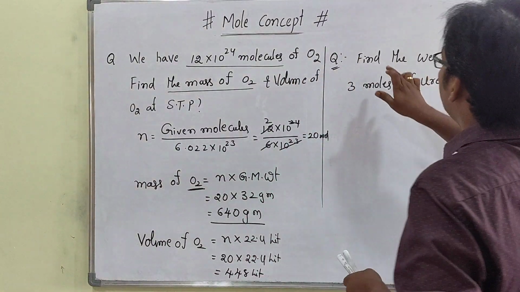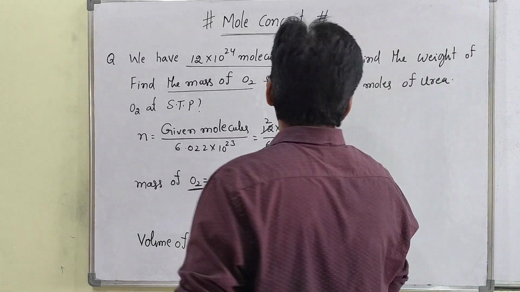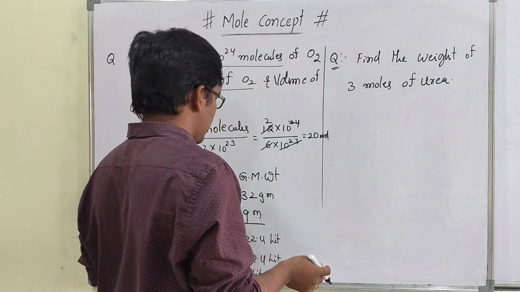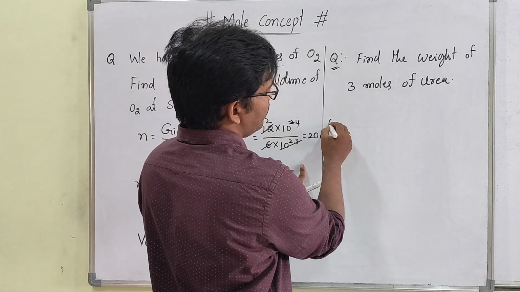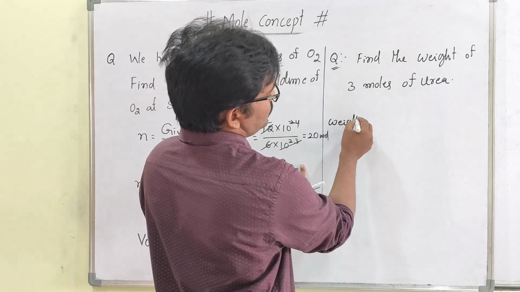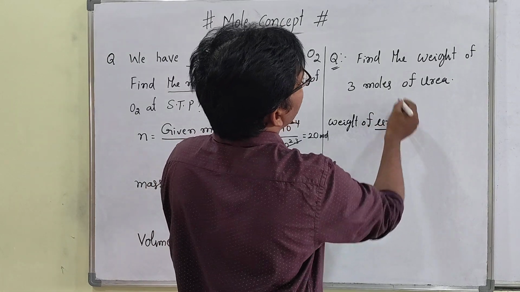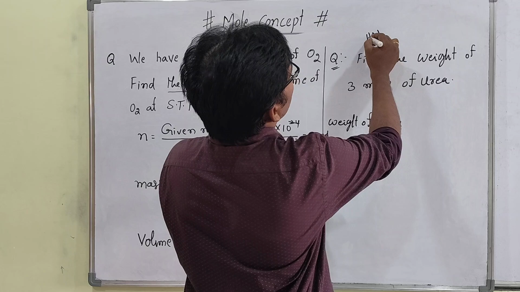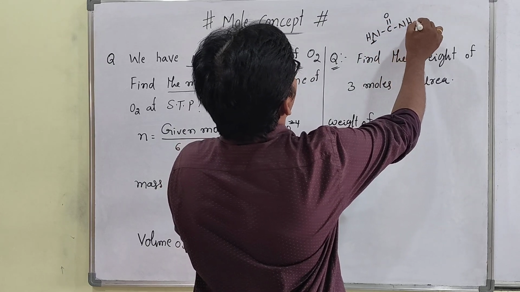Then find the weight of 3 moles of urea, he asked. Sir, weight you have to find out means again the mass. Weight of urea, or mass of urea. What is the formula of urea? NH2 C double bond O NH2. This is the formula for urea.